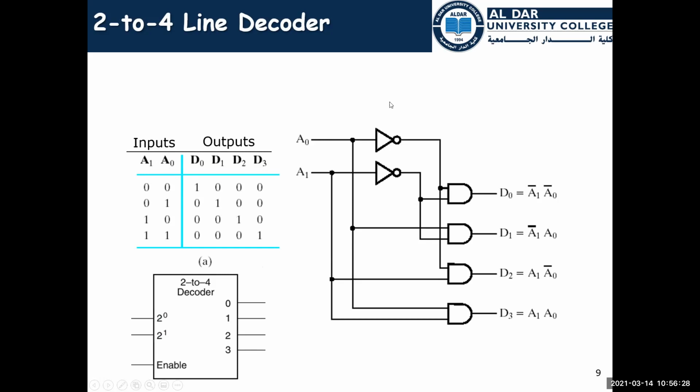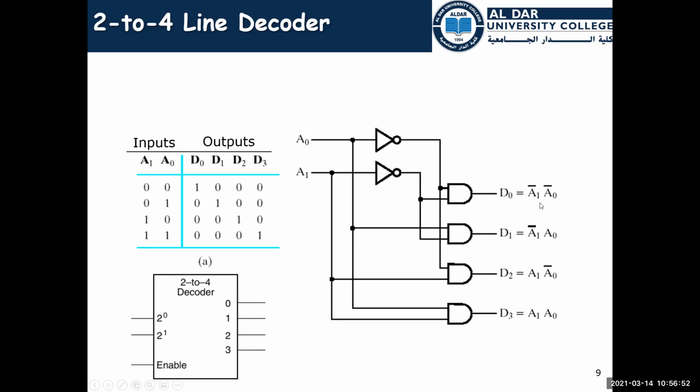So if you see here, D0 will be active only if A1, A0 is 00. So 00 here will be converted to 1. So this will be enabled, and this will be 1, and also this will be enabled, and others will not be enabled.